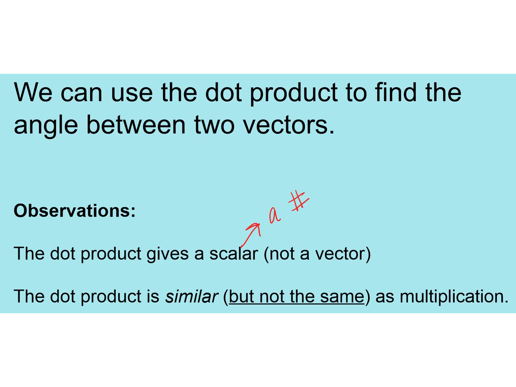And it says the dot product is similar, but not the same as multiplication. Multiplication is involved in how to find a dot product, but it is not the same as multiplication. We do not go over vector multiplication. It's just called the dot product. So again, this slide is just some observations, nothing major here.